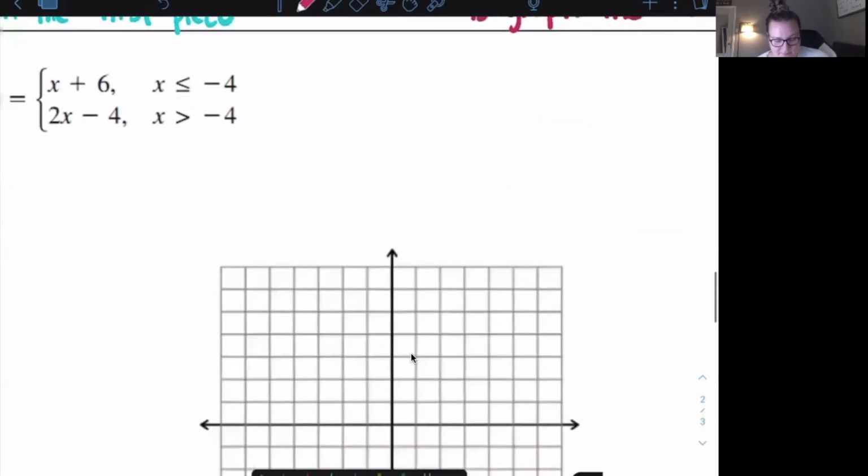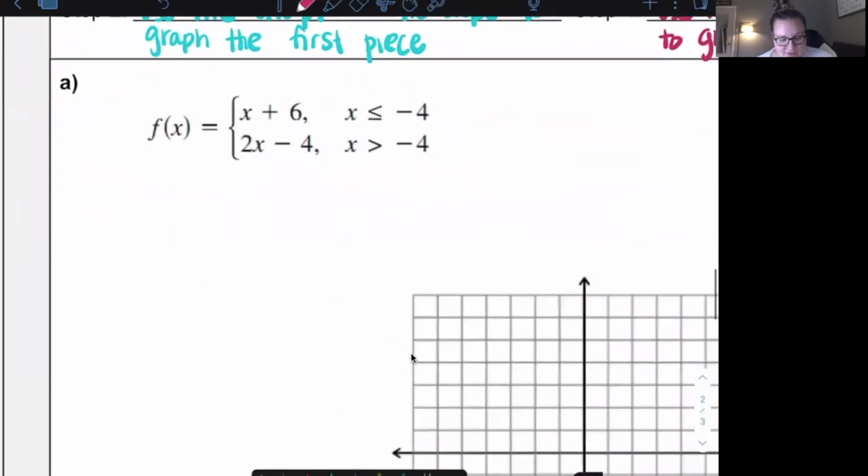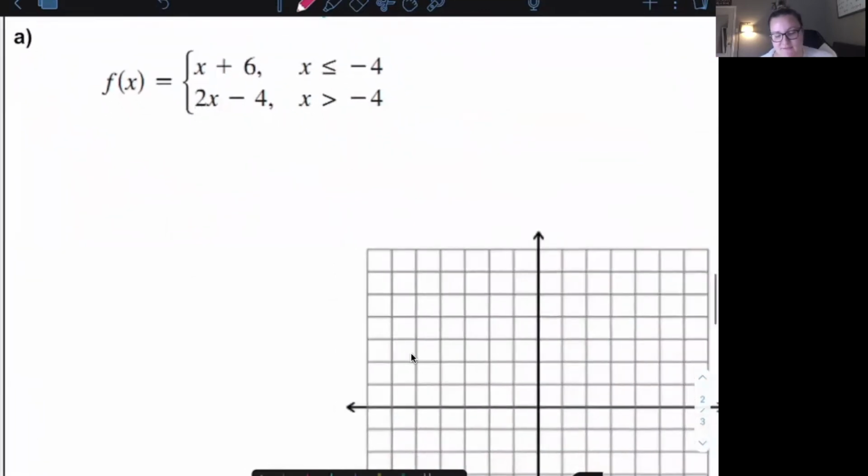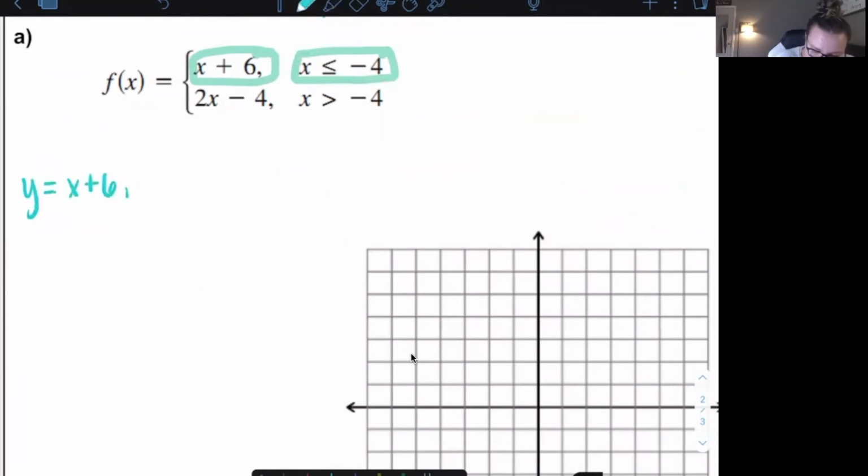All right. So let's go ahead and try that out. So step 1 is to find the endpoint for the first piece. So our first piece of this piecewise function is this x plus 6, for x is less than or equal to -4. So we have y equals x plus 6 for x is less than or equal to -4.